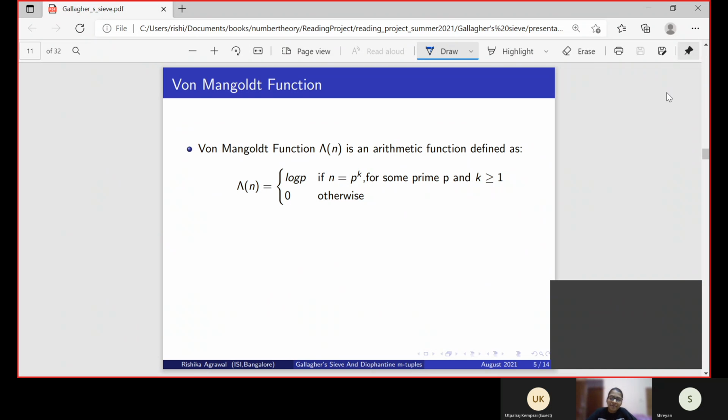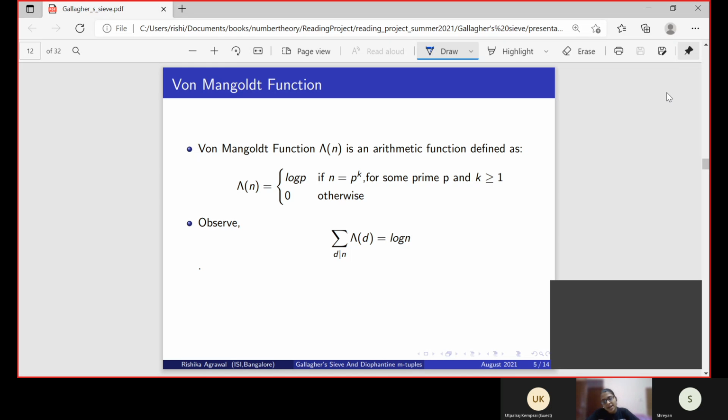Most of the arithmetic functions, as we know, are either additive, multiplicative, completely additive, completely multiplicative, or have some nice properties out of these, and having these properties is the key to understanding such functions. But the von Mangoldt function is neither additive nor multiplicative. It is defined as log p if n is some power of p, and 0 in all other cases.